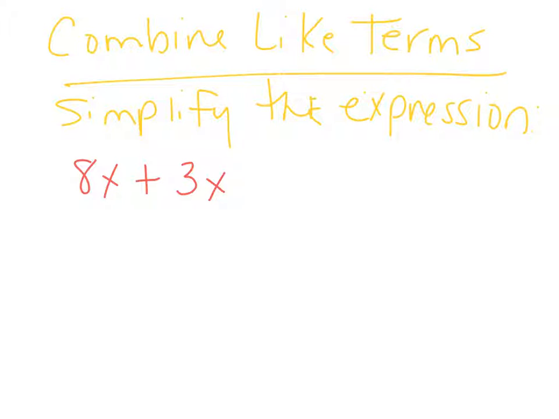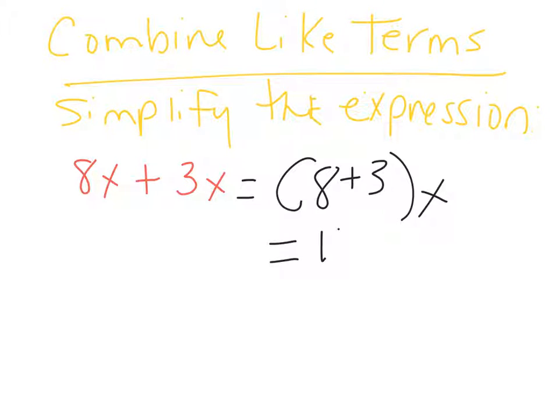Here we have 8x plus 3x. We're going to use the distributive property to rewrite the equation. So now we have 8 plus 3 times x, and that will give us 11x. So we added the coefficients here, and we use the distributive property.